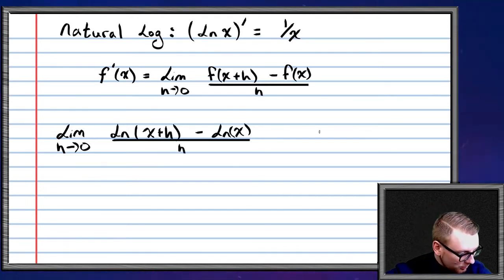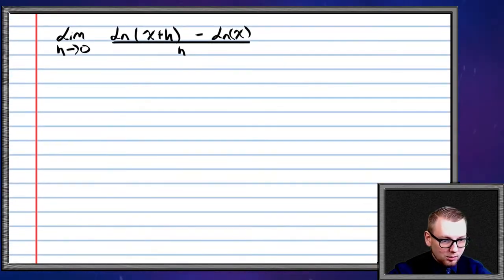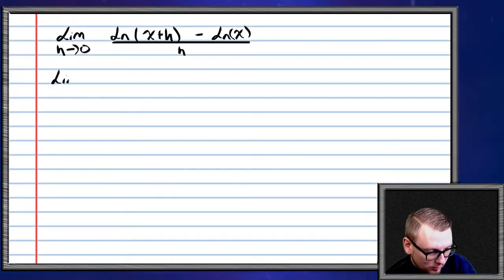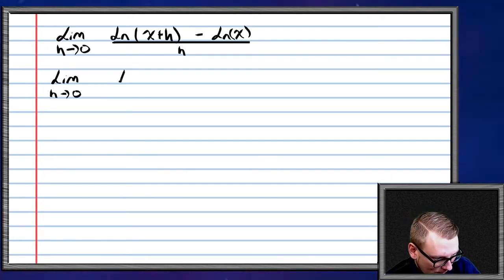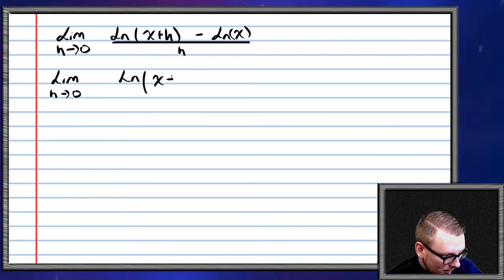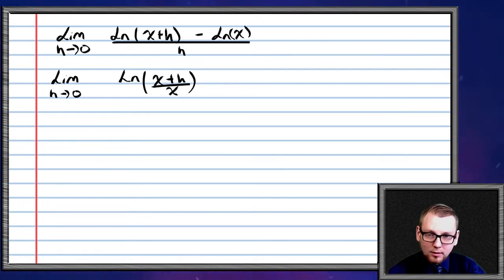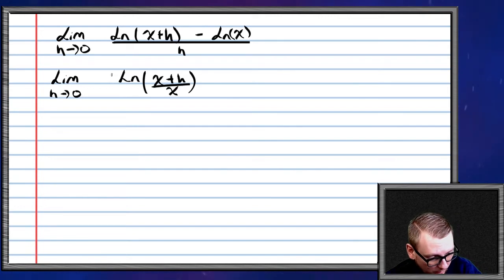Okay, log rules, when they are subtracted, we can just write it as a division. So then we will have the natural log of (x plus h) all over x. And then this is all over h, so that's the same as multiplying by 1 over h.